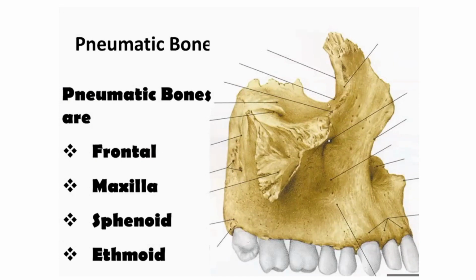Pneumatic bones, where the bone will have air sinuses, right? We have paranasal air sinuses within the skull: frontal, maxilla, sphenoid, and ethmoid. So what is the function of these air sinuses?